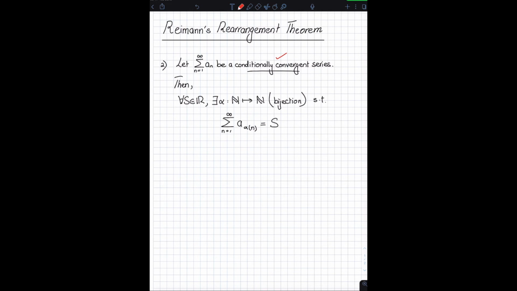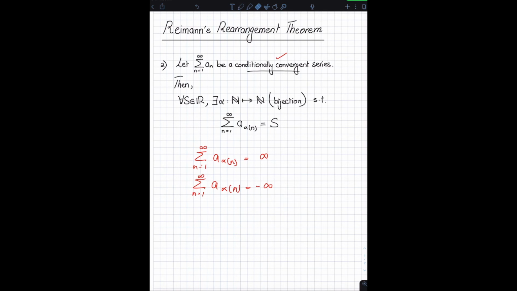There is actually another part which says that there also exists a rearrangement in which the summation of a of alpha n from n equals 1 to infinity is actually infinity, and then there also exists another rearrangement in which the sum goes to negative infinity.